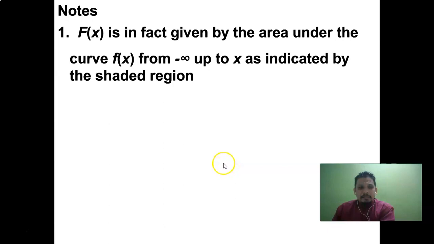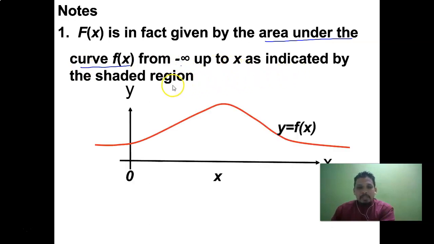So F(x) is in fact given by the area under the curve of f(x) from negative infinity up to x, indicated by the shaded region.